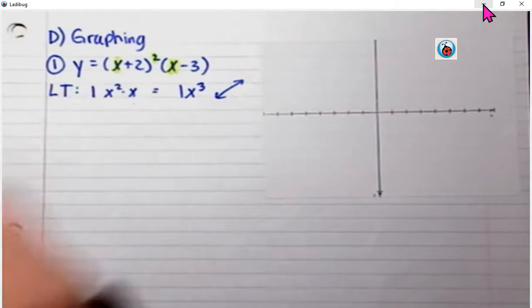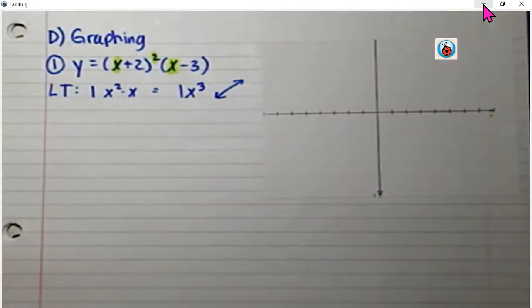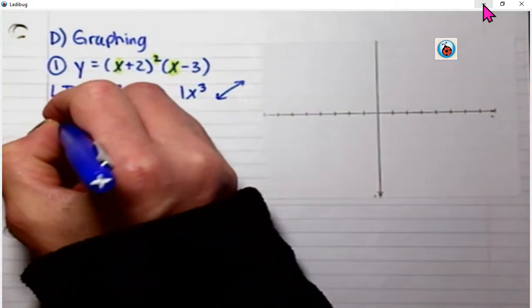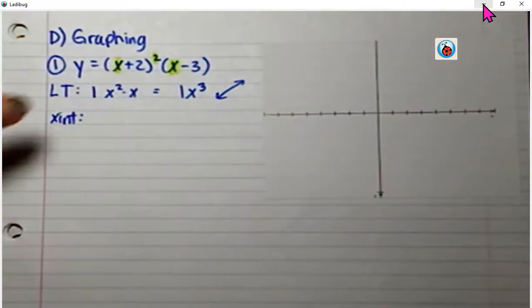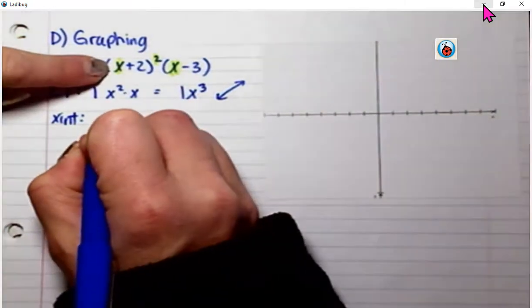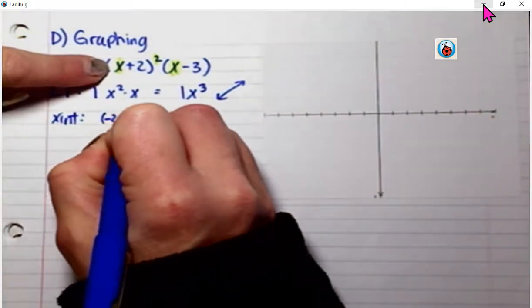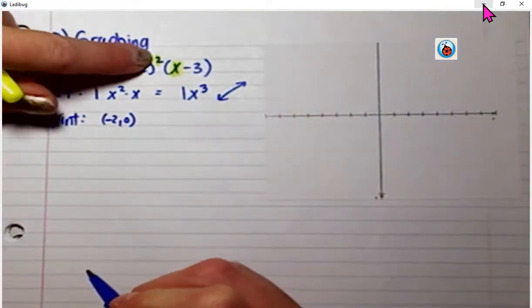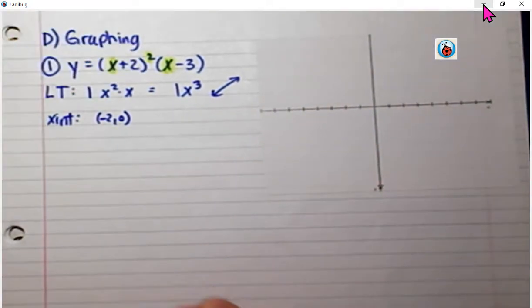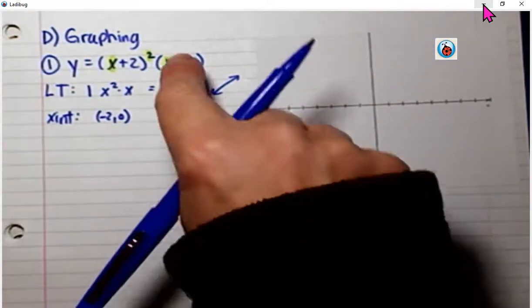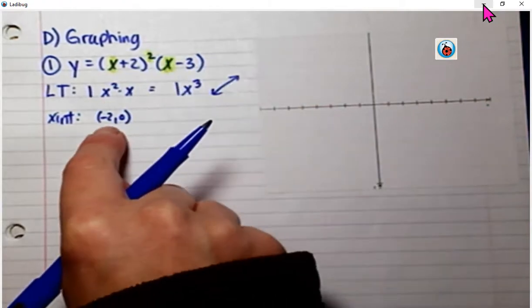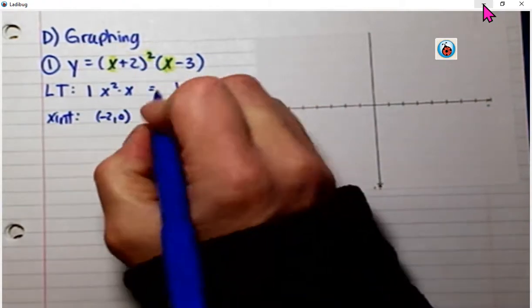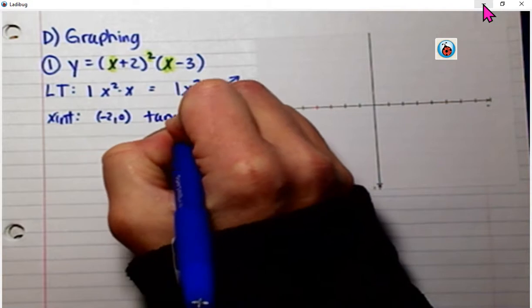Now I need to do the multiplicity. So what are my x-intercepts? -2, 0, double or tangent. Because of the squared, this is a tangent. So I'm going to say tangent.